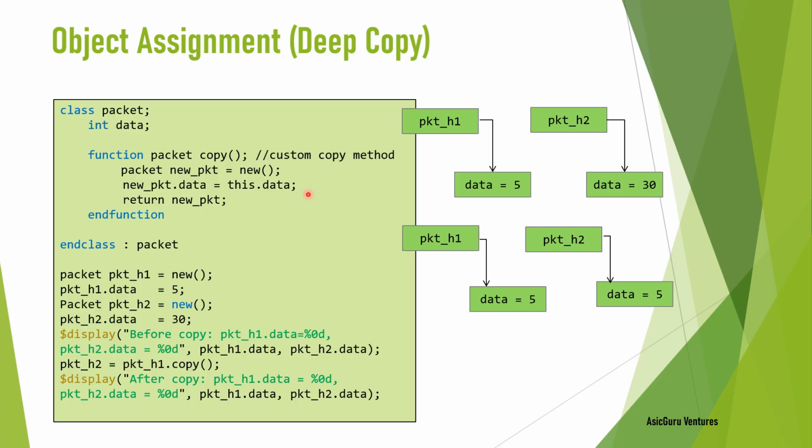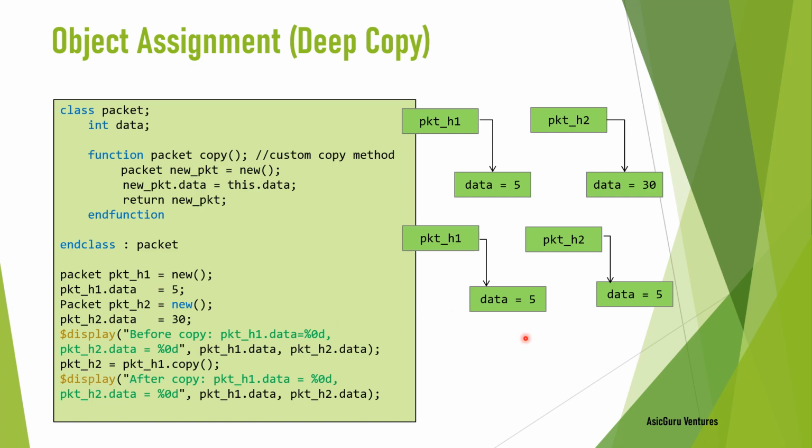This custom method is called using the statement packet handle 2 equals packet handle 1 dot copy. When we call this statement, we get a new independent object which is assigned to packet handle 2 and its data value is the same as packet handle 1.